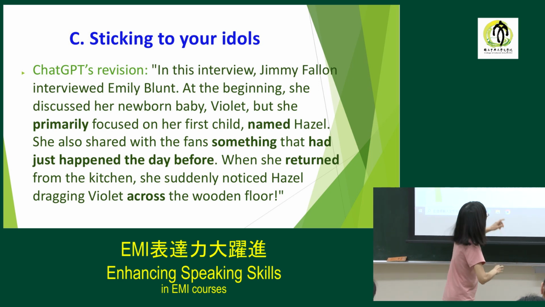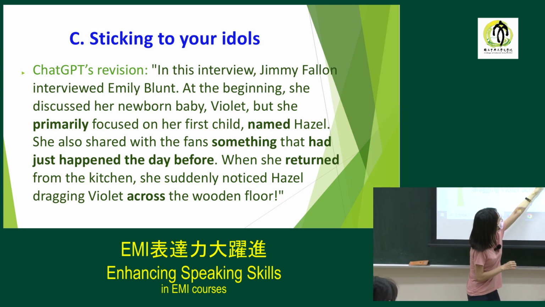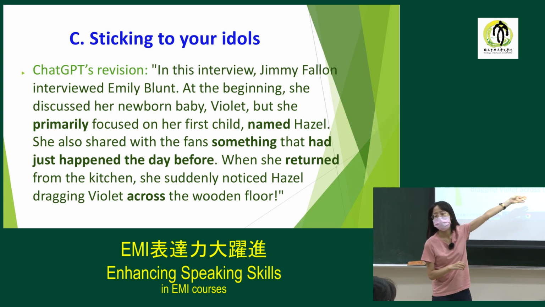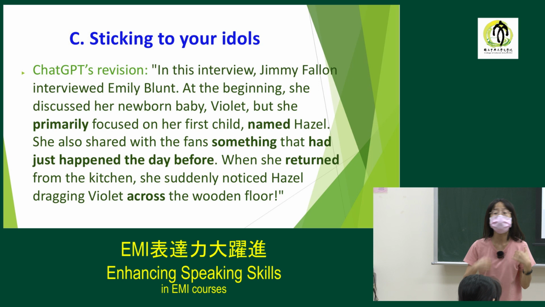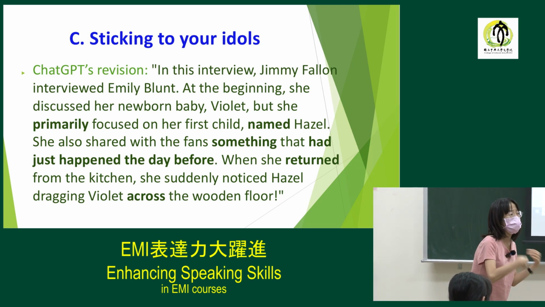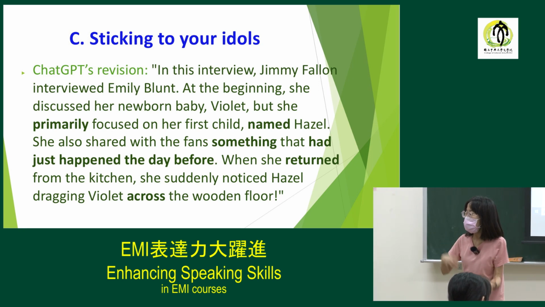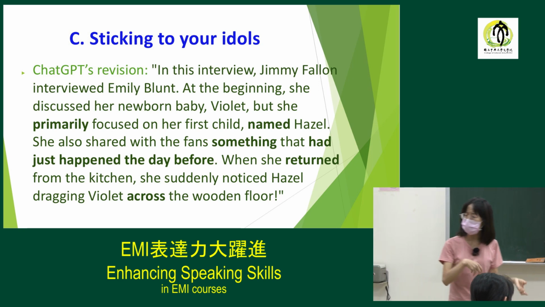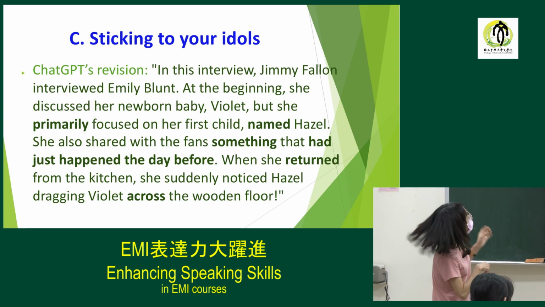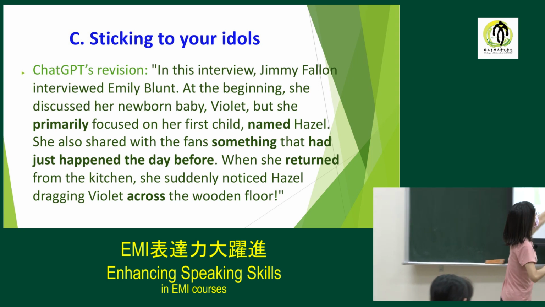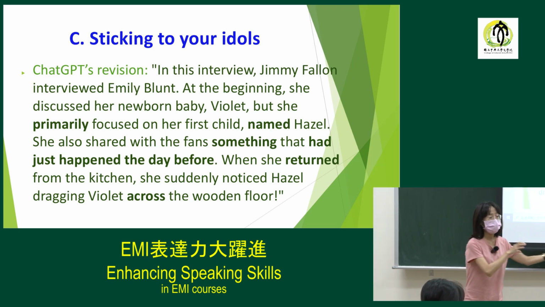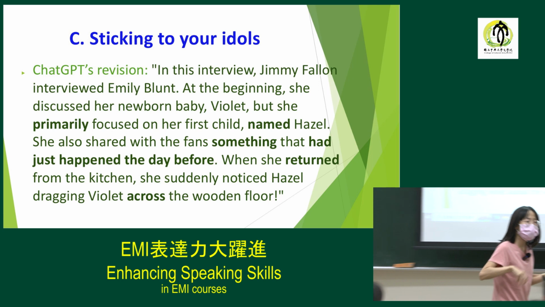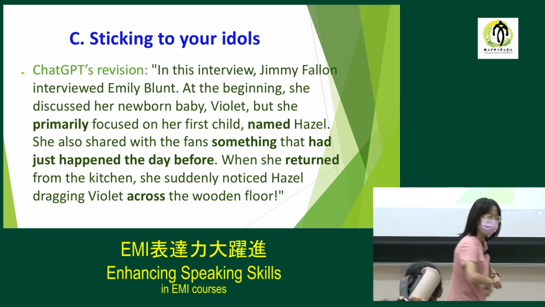That's why I show you some words in boldface. These are better words that ChatGPT is showing me. ChatGPT is suggesting that when I'm summarizing the story, maybe I could also use these words. So you can compare your own version with ChatGPT's version. This is something AI can help us with in our English, right?